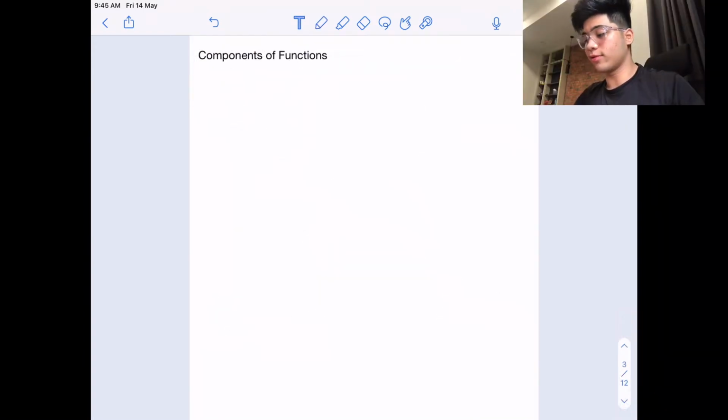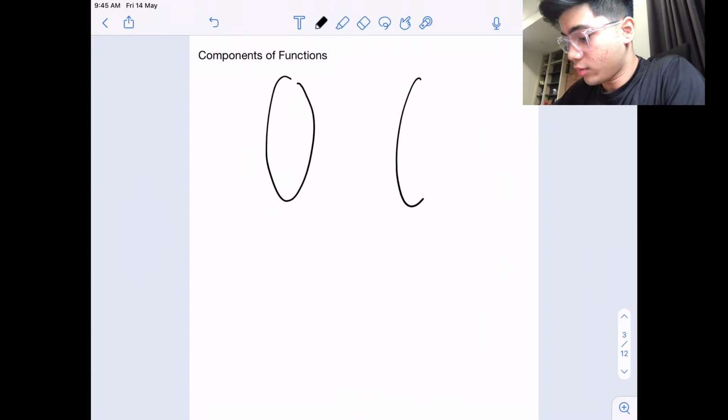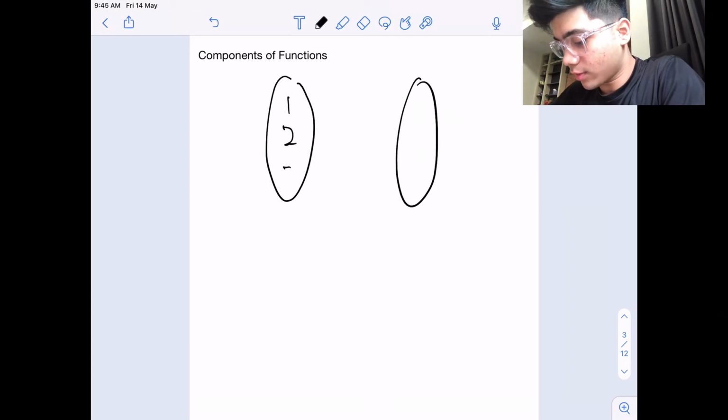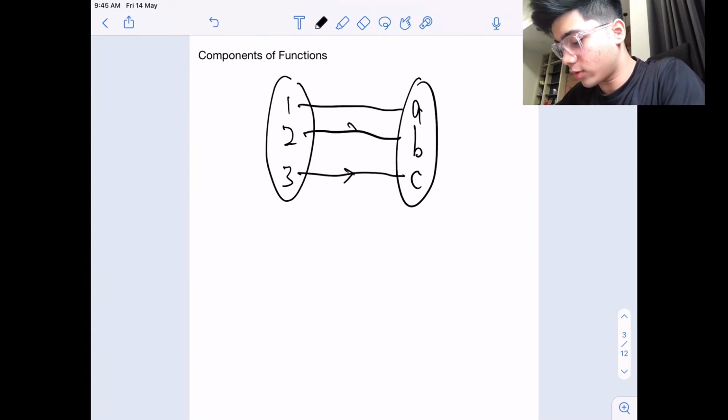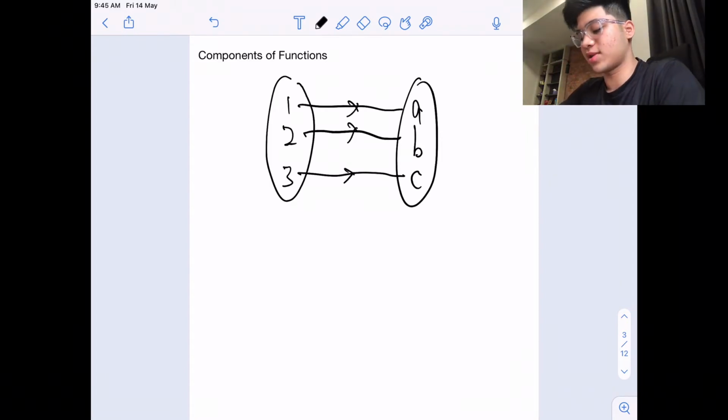So let's go over the components of a function. Usually functions would be drawn with these two ovals with numbers or even unknowns. And usually they would draw these arrows to show that whatever is on the left is going to whatever is on the right. Now, all of these things here have names actually.